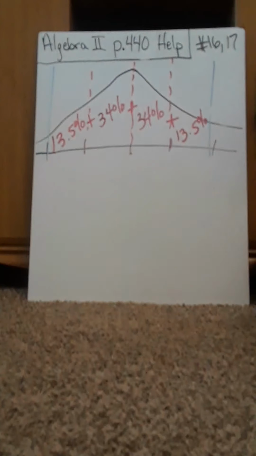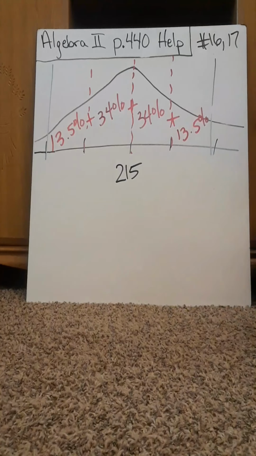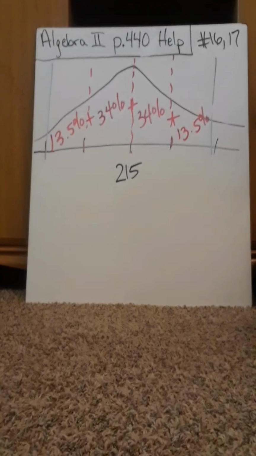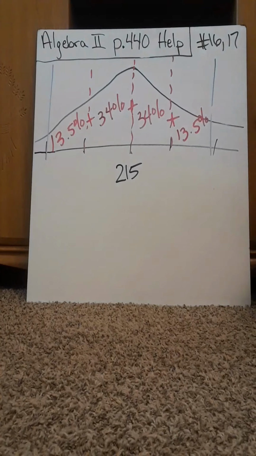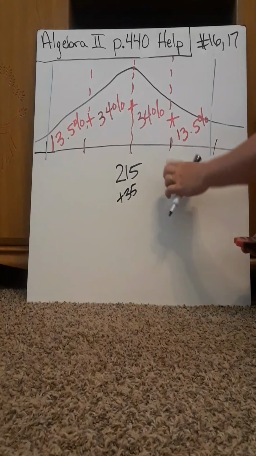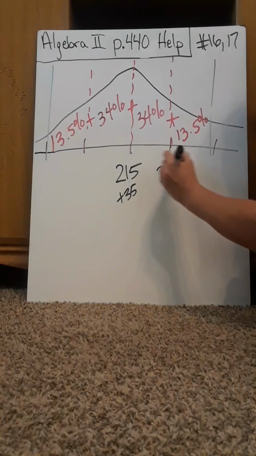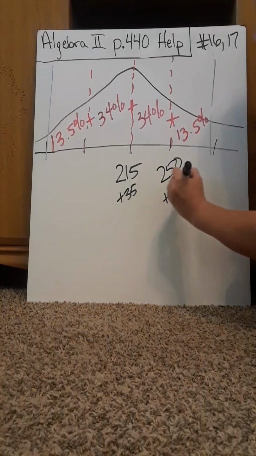It says the price of a certain brand of printers is normally distributed with a mean cost of $215. So that's going to be my new middle number, $215. And it has a standard deviation of $35. So we're going to add 35 to get the number that's going to be one standard deviation above that. So 215 plus 35 is 250. Then add another 35.